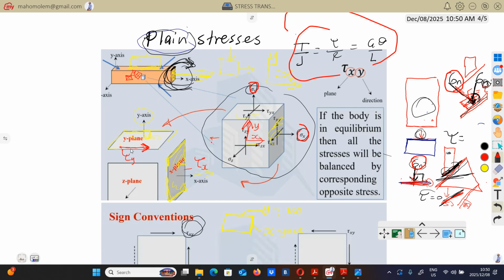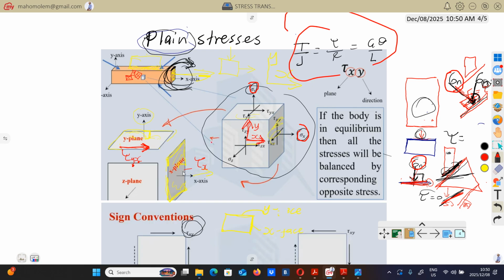So this shear stress on this y plane is acting in this x direction, the horizontal direction. So that's why we're going to have x here. So that's how you will interpret this. This is the shear stress on the y face, in which direction? In the horizontal direction, which is the x direction.